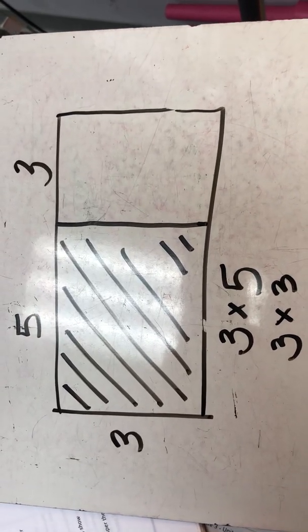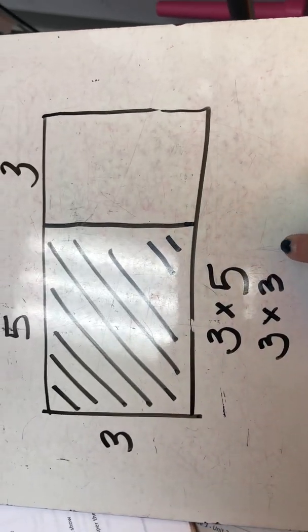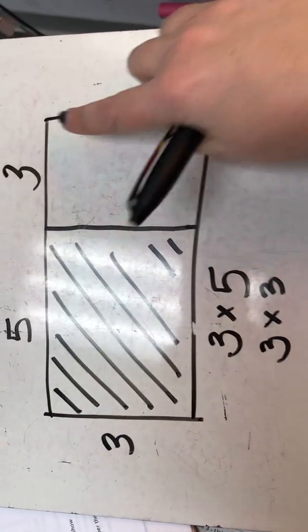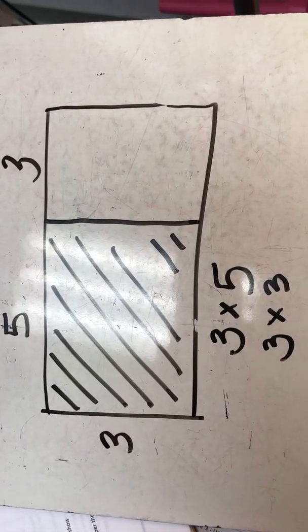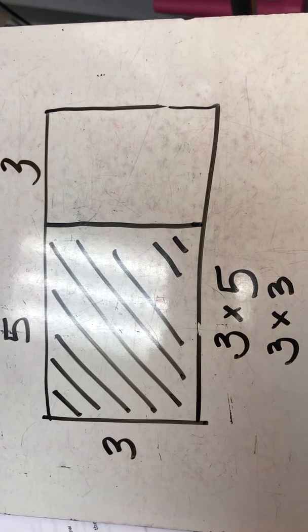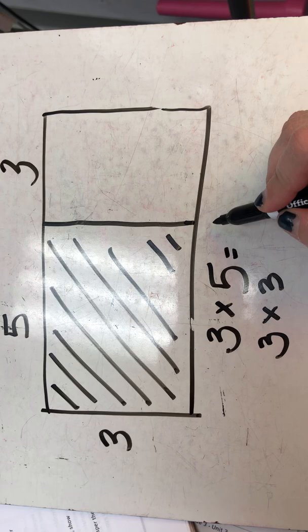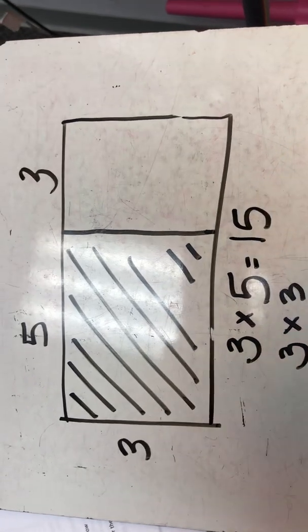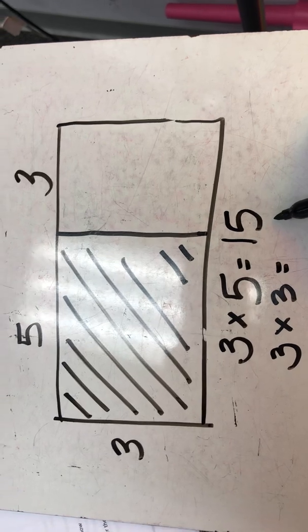Okay, and then my question is, how can you use these expressions to help find the area of the entire rectangle, the large rectangle? And your answer should be that you're going to add them. So we're going to take 3 groups of 5, which is 15, and 3 groups of 3, which is 9.